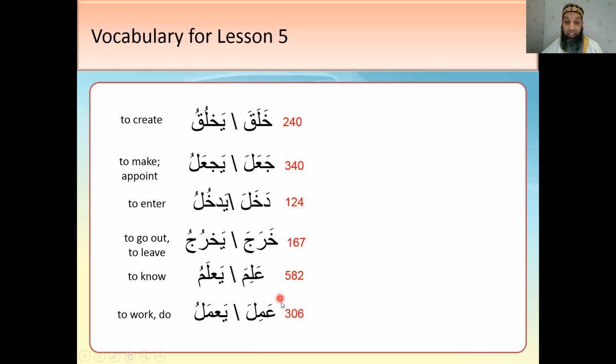And then amila comes. So it's like maybe a sign that the ilm comes first and then the amal comes. So the knowledge comes first and then the action comes. You can't do an action without knowledge, if you don't know what it is, how to do it. So alima comes before amila. Yes, it's amal, same as in Urdu, amal. 306 times.